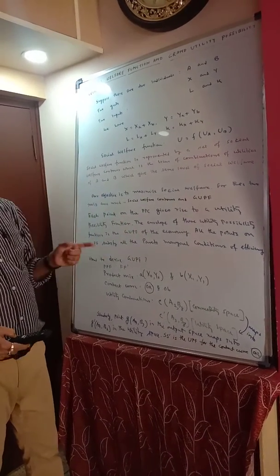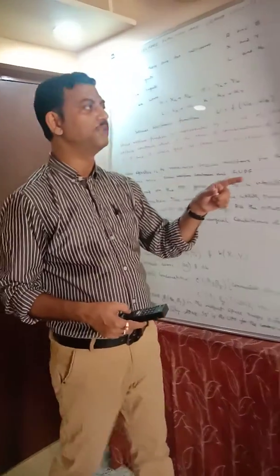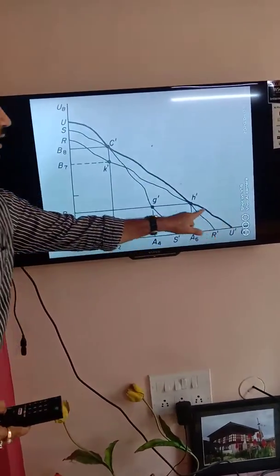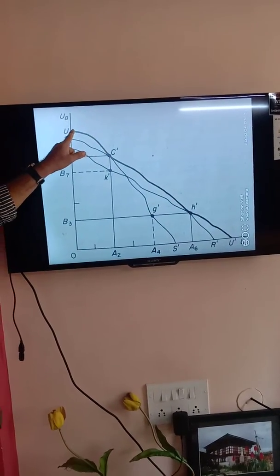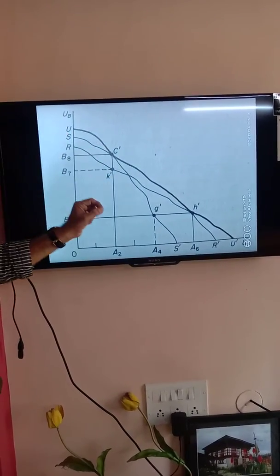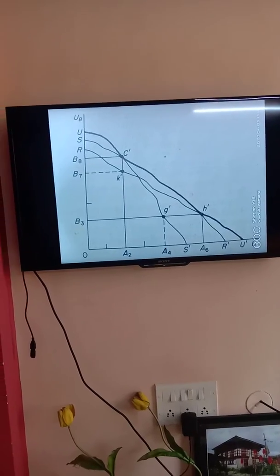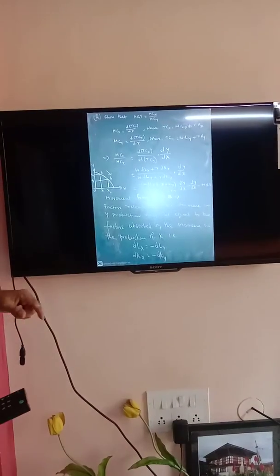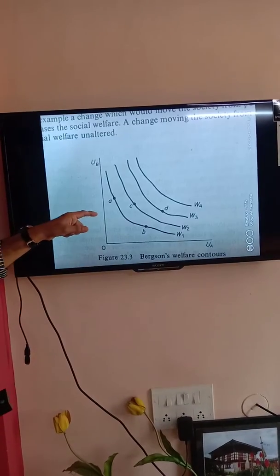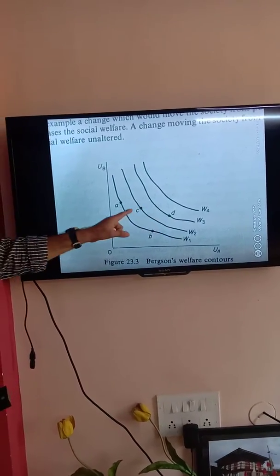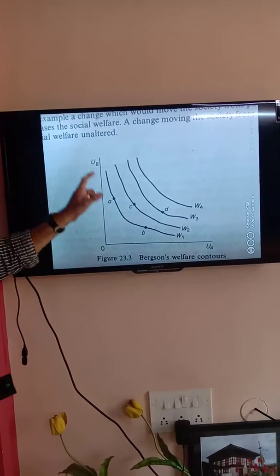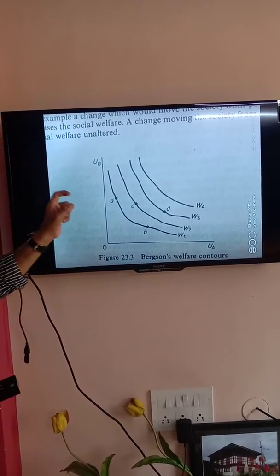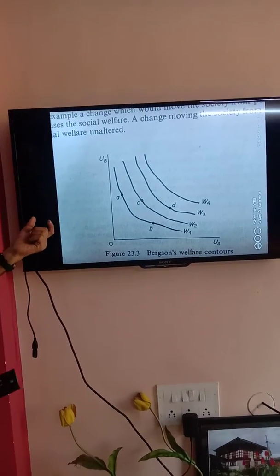And another important point is along this GUPF, all the marginal conditions of Pareto optimality are satisfied. This is an important concept. Okay. Now this GUPF and the social welfare function, these two are important tools to discuss the social optimization.